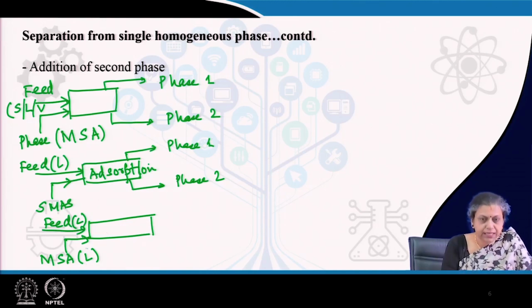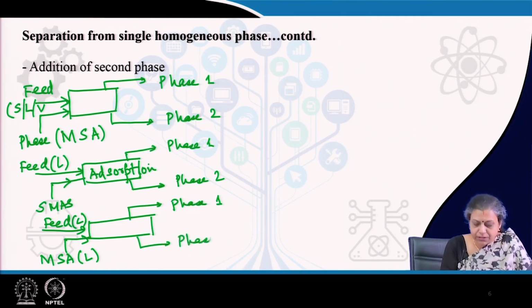The liquid which has been introduced along with the feed again extracts some portion of the components from the liquid, and so naturally we get two products. One product will be richer in some components, the other product will be richer in some other components. Generally, the liquid MSA is termed the solvent.